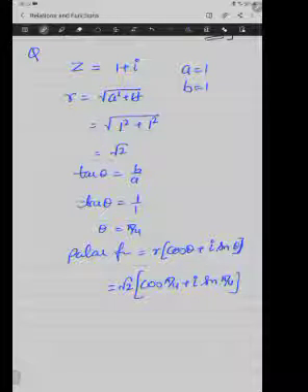This will be the polar form of the given complex number. So I think now you will be able to do it. In this manner, you will be able to do the questions of the next exercise.